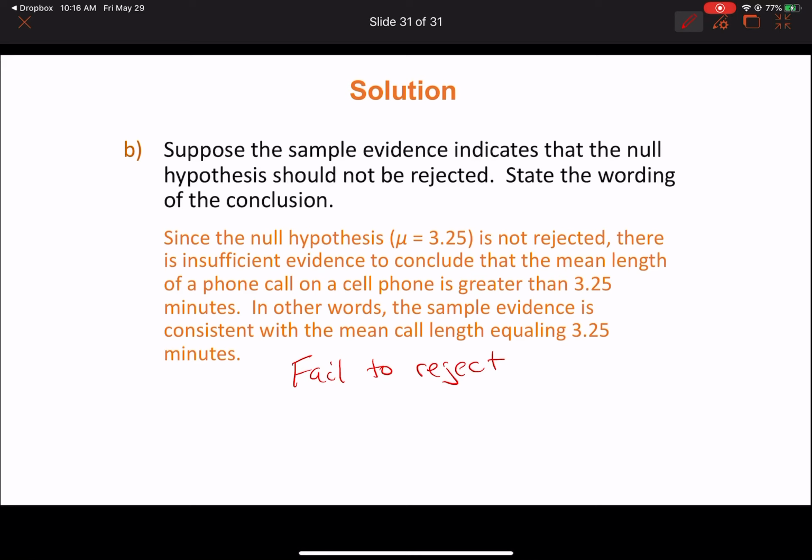Hopefully all of this made sense. It's going to make even more sense once we're actually doing math with it, but at least this gives you the groundwork. I know the type 1 and the type 2 errors are a little bit confusing. Just remember that alpha goes with the type 1 error and beta goes with the type 2 error. You may need the level of significance, because that level of significance is the probability of getting a type 1 error.